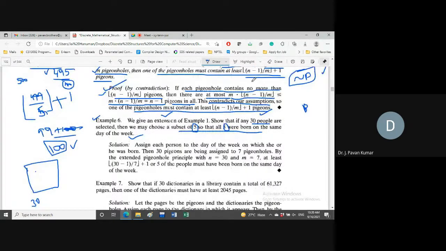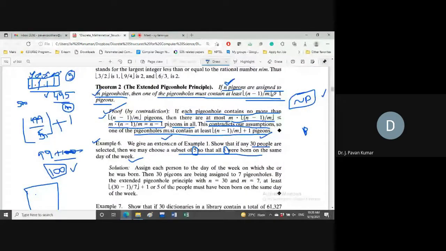This is just a substitution in this particular formula, (n minus 1) divided by m, plus 1. These many pigeons we will have in one pigeonhole itself. So what is n, what is m? N is 30, so 30 minus 1, divided by 7.